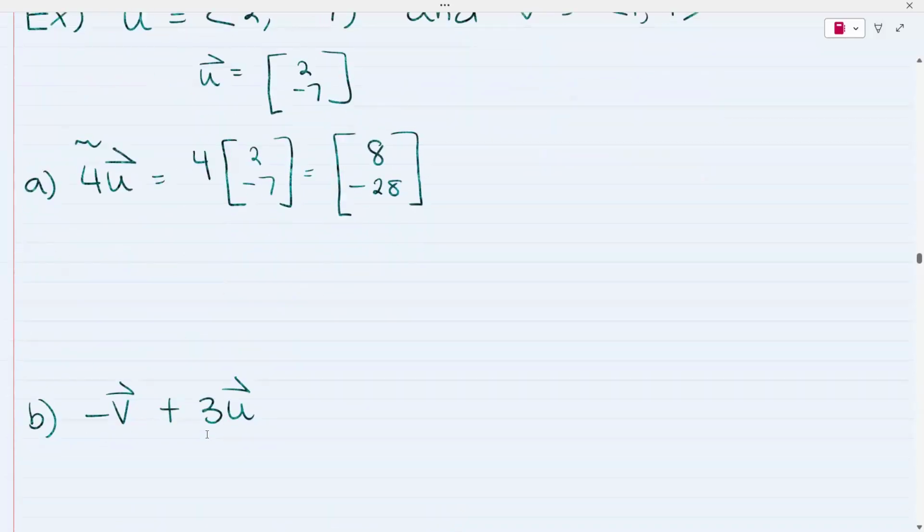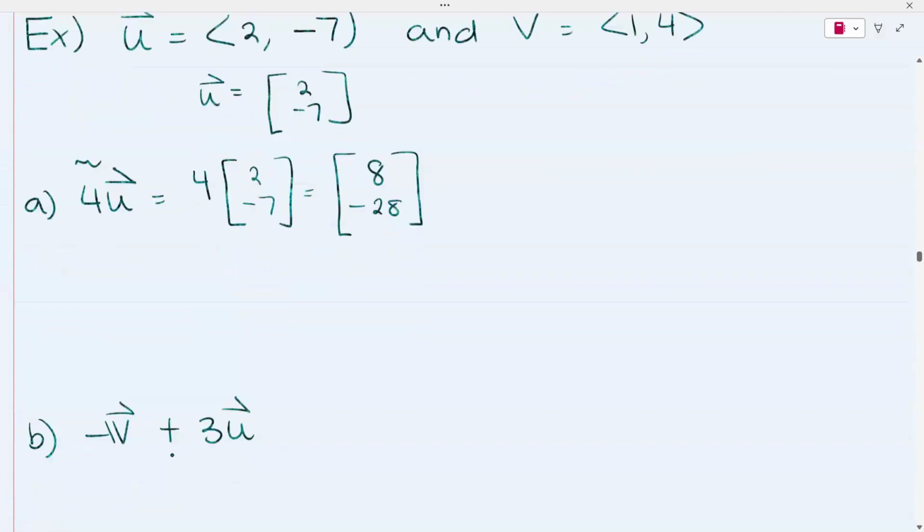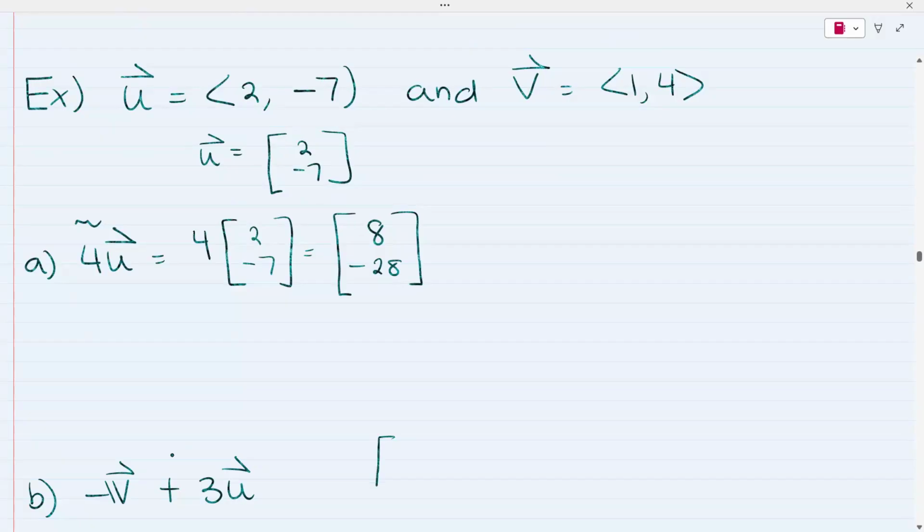Letter b. This is a -1 scalar, -1 times vector v plus 3 times vector u. What I'll do is rewrite vector v as a transpose, so it would be 1 comma 4, and you have a -1 here, plus 3 times vector u.